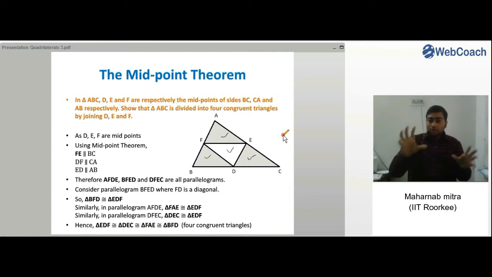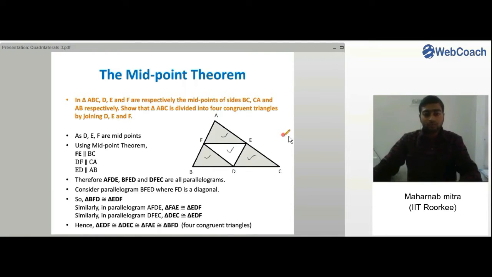We have used this repeatedly 3 times to show that the central triangle is congruent to all the three triangles. And if the central triangle is congruent to all the triangles, then of course all the triangles must be congruent to each other as well, right? Because they are exactly overlapping onto each other. Thus we get the 4 triangles are congruent to each other.